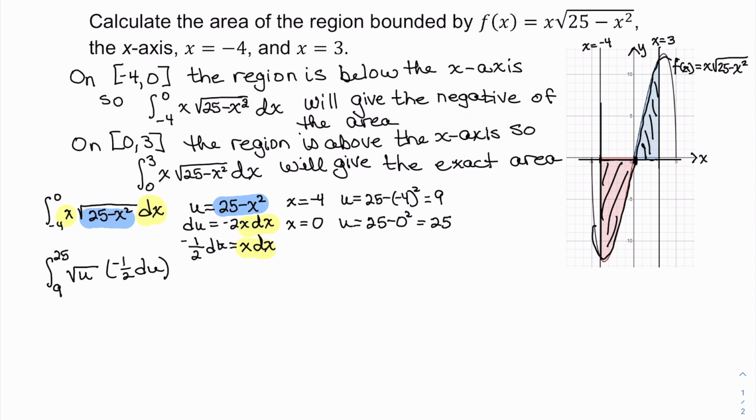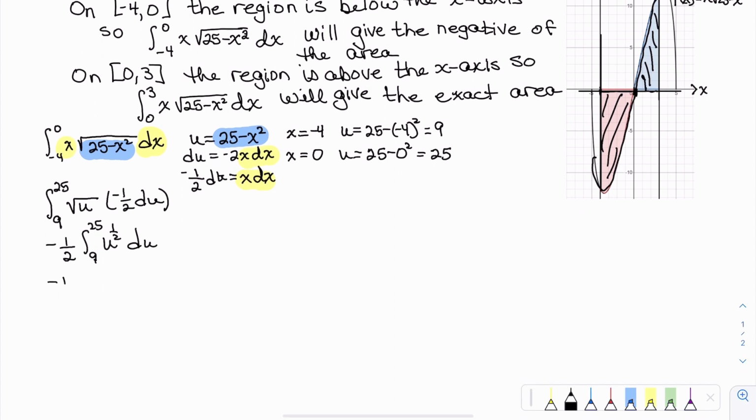Now factor out the -1/2, numerical factor, and rewrite the radical as a fractional exponent. So I have the -1/2 times the integral from 9 to 25 of u to the 1/2 du.